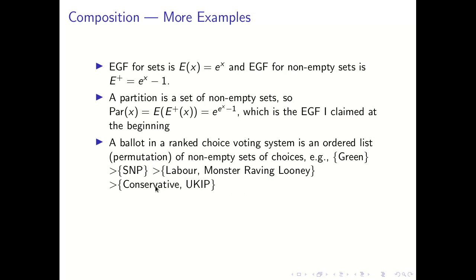And so I've got these sets that represent I don't have a strong preference either way, whereas between, say, the Green Party and the SNP, I do have a strong preference. Other political affiliations are available.